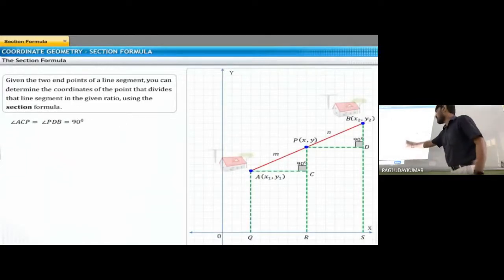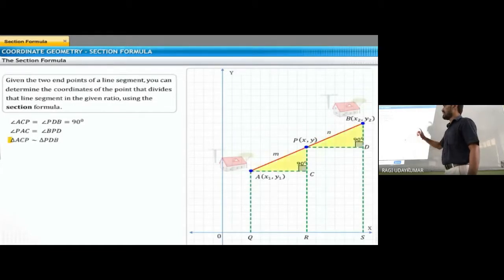Here two perpendiculars are drawn, so we get 90 degrees here and 90 degrees here. So angle ACP is 90 degrees, and the other angle is also 90 degrees. These two angles, angle PAC and the corresponding angle, are also equal.